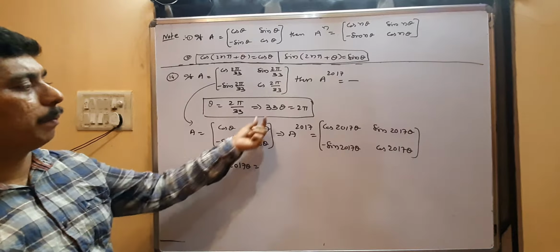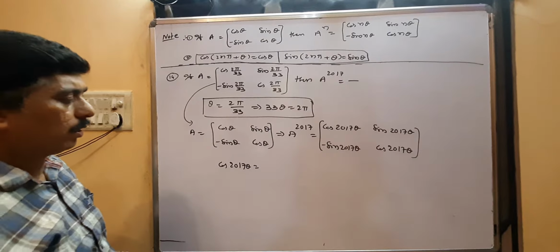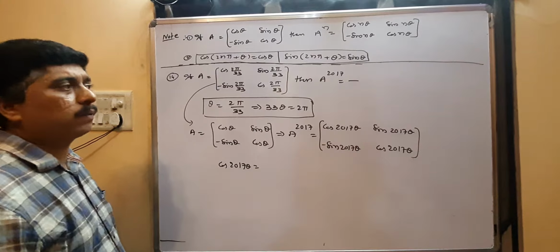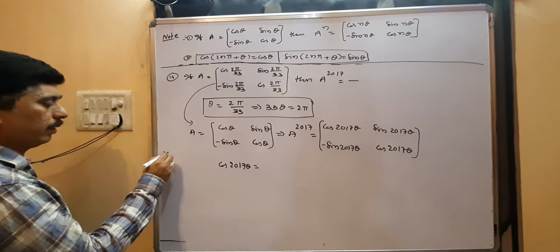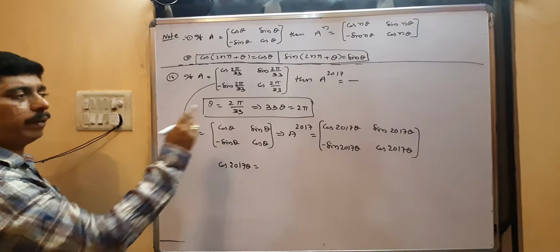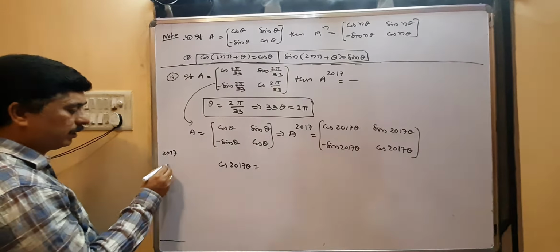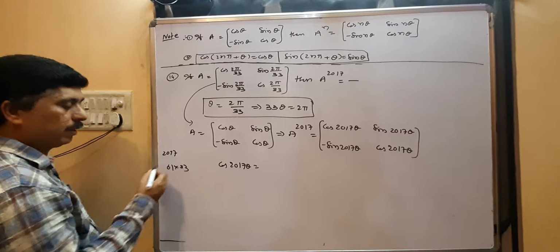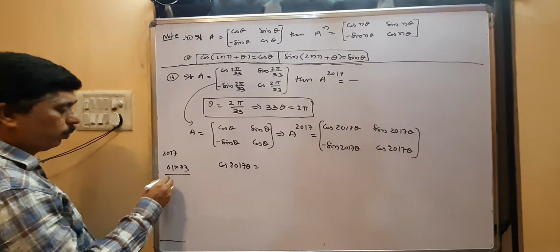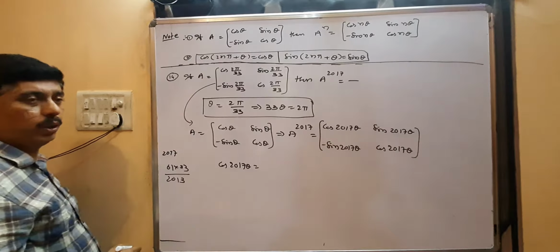2017, nearby multiple of 33. You can take 61 into 33, that is 2013.